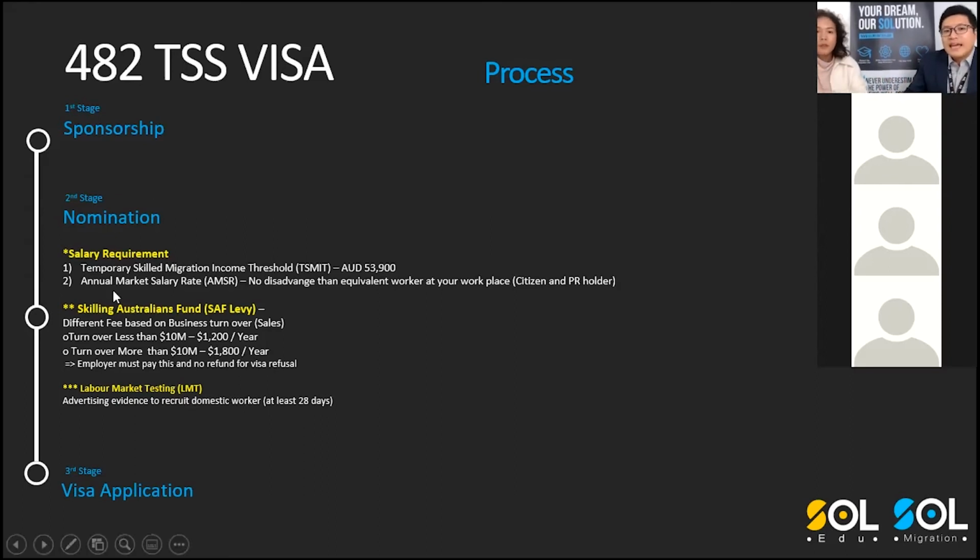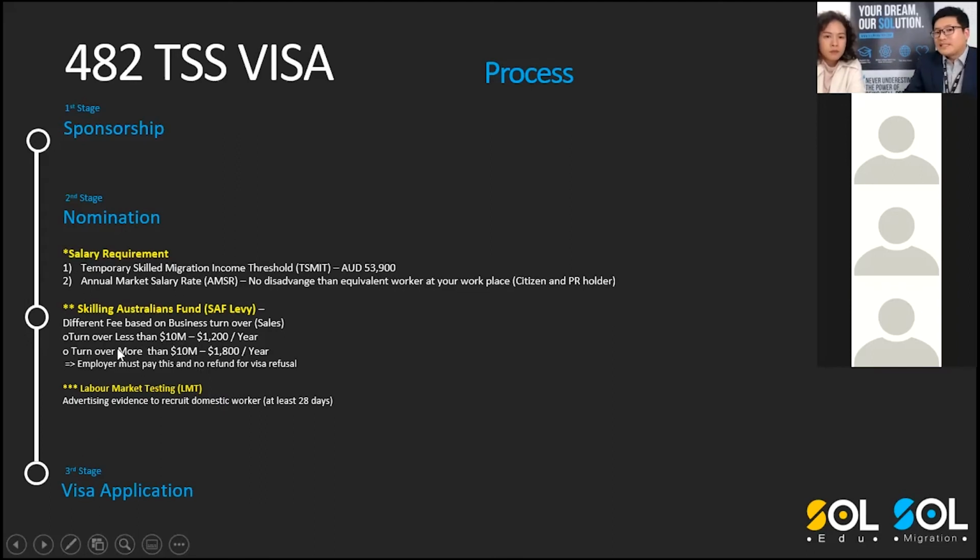So let's say, this fee is decided based on the turnover of that business. If the business turnover is less than 10 million, then the business owner must pay 1,200 per year.